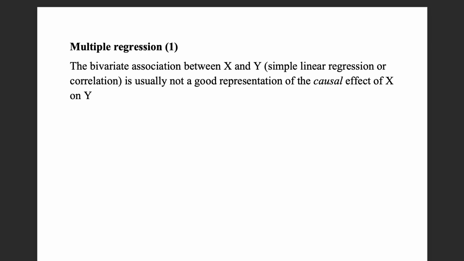So there are all kinds of other things that might have an impact on our dependent variable, that might lead to a correlation between our independent and dependent variable, or some kind of regression coefficient, but the relationship that we find might not just be a consequence of the causal effect of our independent variable on our dependent variable.